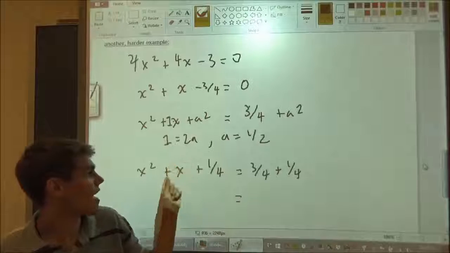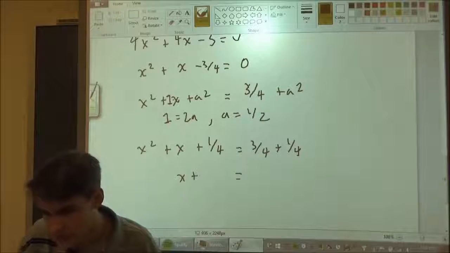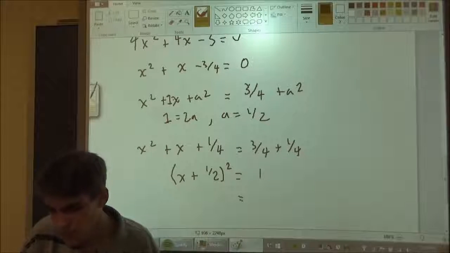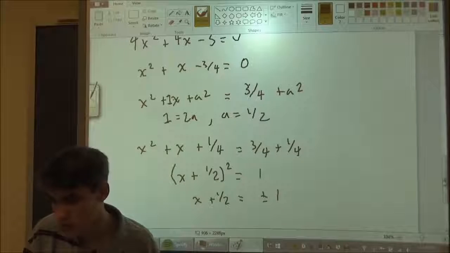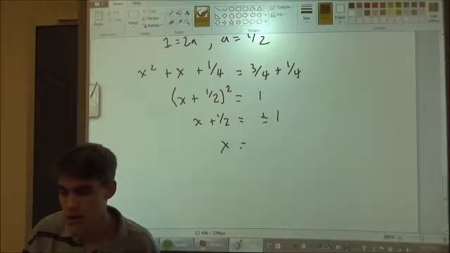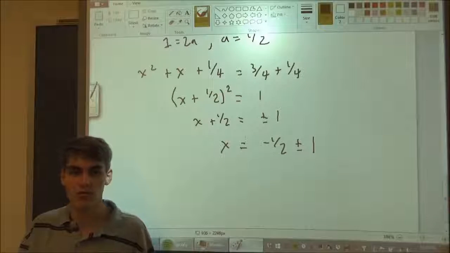We've found a already, so I can just go ahead and write x plus a half squared. And this side works out nicely. This is 1. Take the plus or minus square root of 1. Square root of 1 is 1, so we're just left with plus or minus 1. And then you get negative 1/2 plus or minus 1. And these would be the roots to this quadratic.